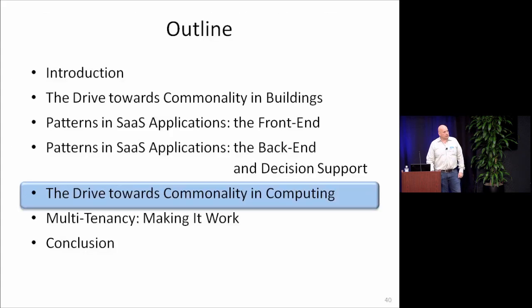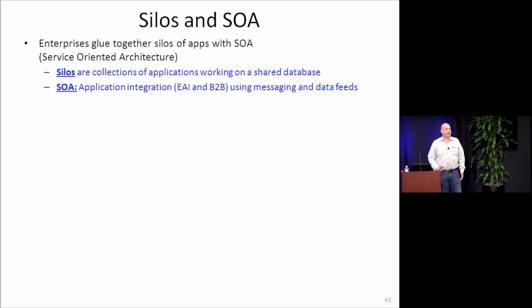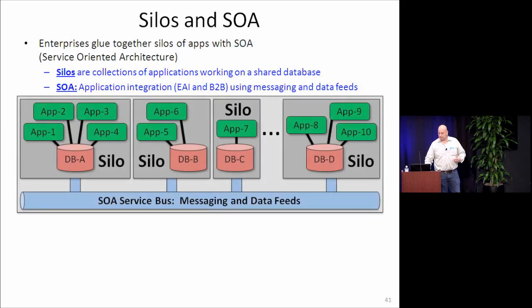So let's talk about the drive towards commonality in computing. Silos and SOA. So we have these silos of computing traditionally, and we called them service-oriented architecture as we would try to figure out how to do messages going in and out of them. And it's a really interesting way to bring stuff that used to be standalone together as we try to pull things into working together.